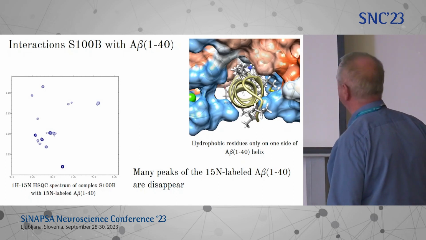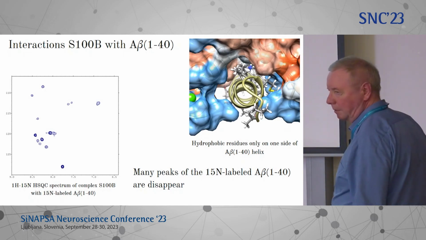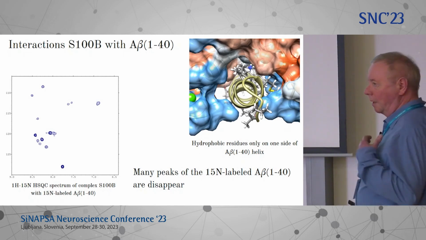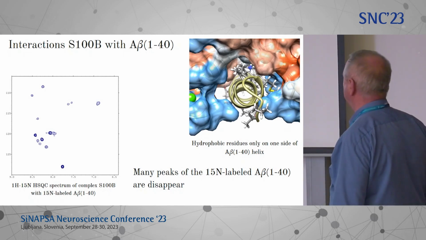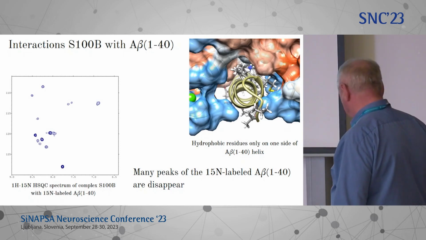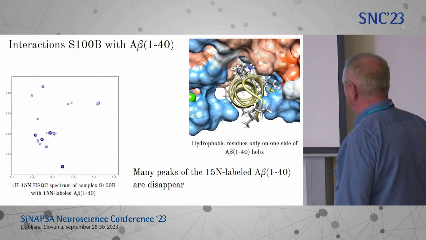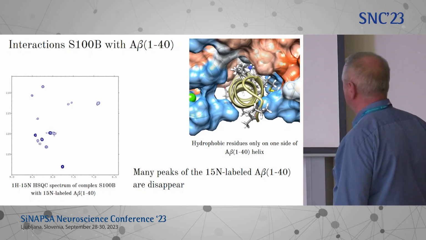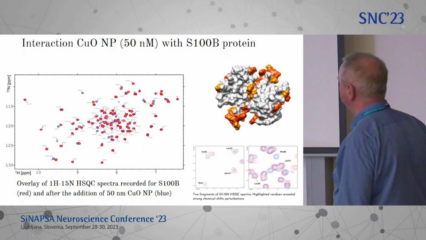It's clearly visible that from this side we have only glycine, so this is not a hydrophobic sequence, not hydrophobic residues located on this side of the helices. This fact we have to additionally confirm by experiments which we are running right now.